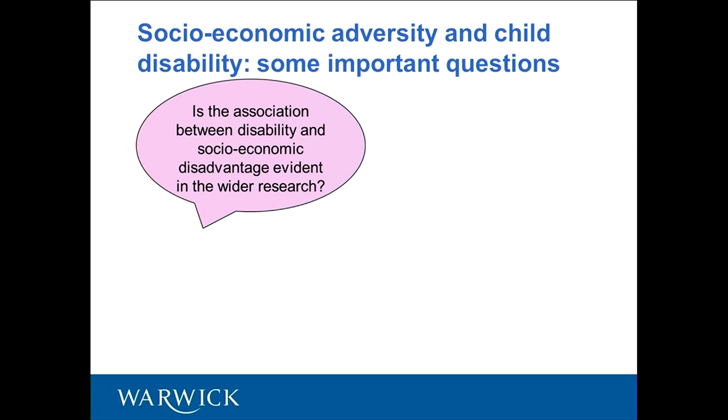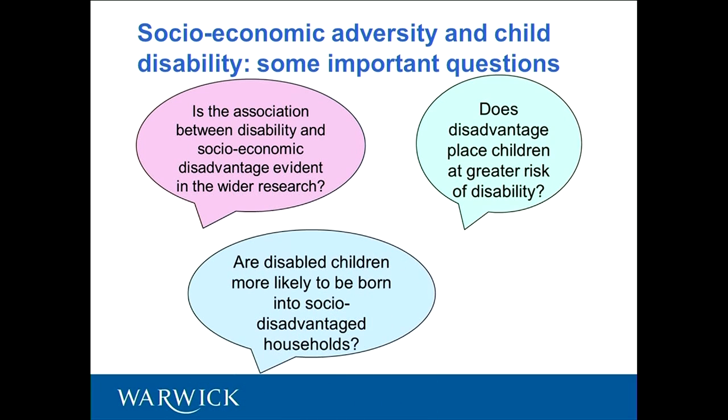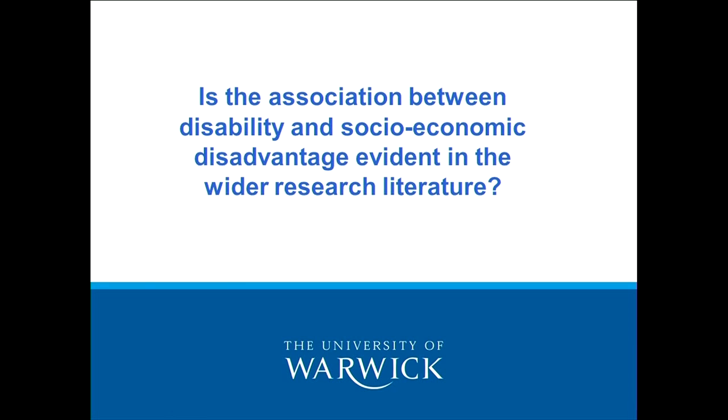We're seeing it in some of our studies here in the UK. Does disadvantage place children at greater risk of disability? Are disabled children more likely to be born into disadvantaged households? Or do households with disabled children actually get poorer? So I'm just going to quickly look at some of these questions.